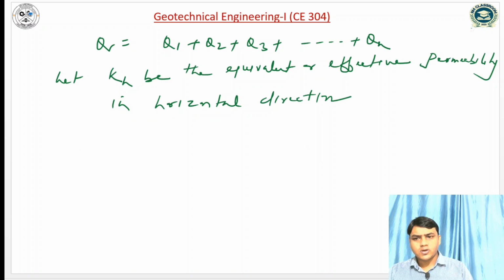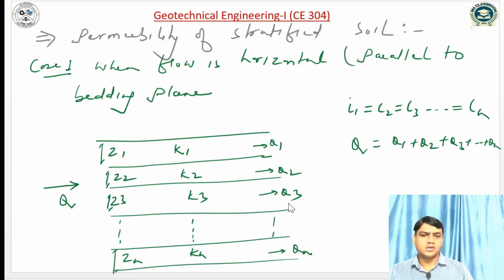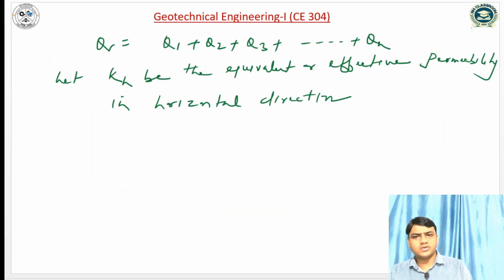For the overall thickness capital Z, discharge is capital Q, and effective permeability is Kh. So we can write capital Q is equal to how much? It will be Kia.